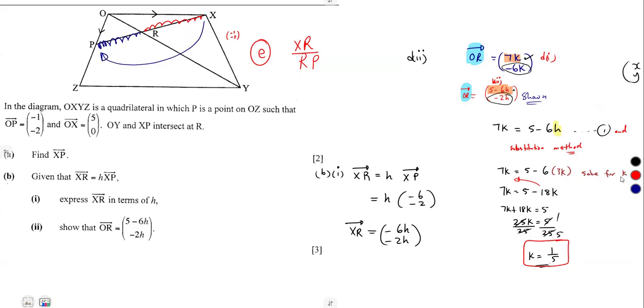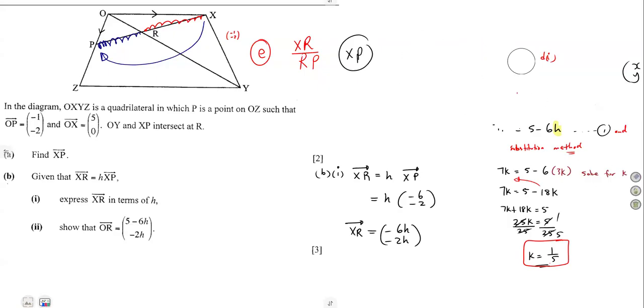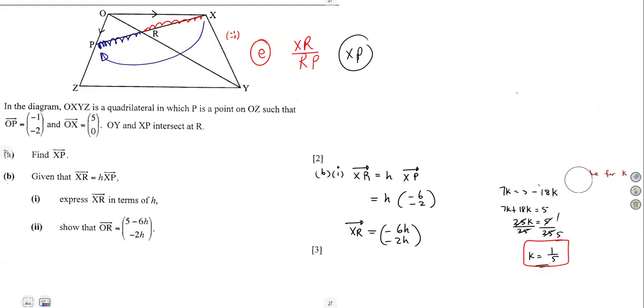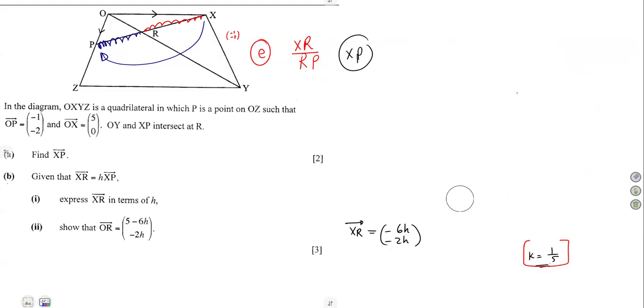So do we have any of the given statements which includes XR, RP, and the line XP, where these are taken from? From the line XP.